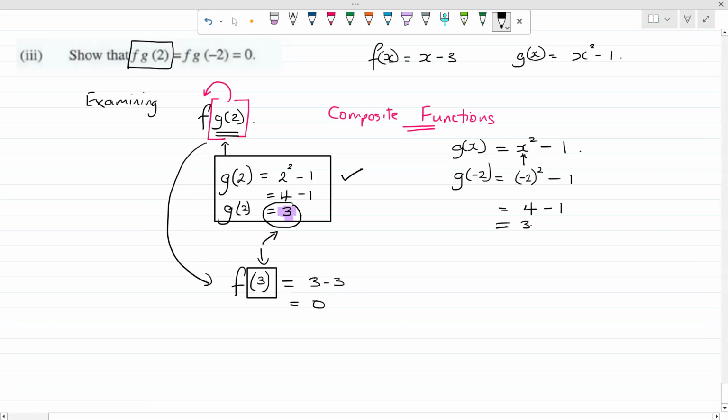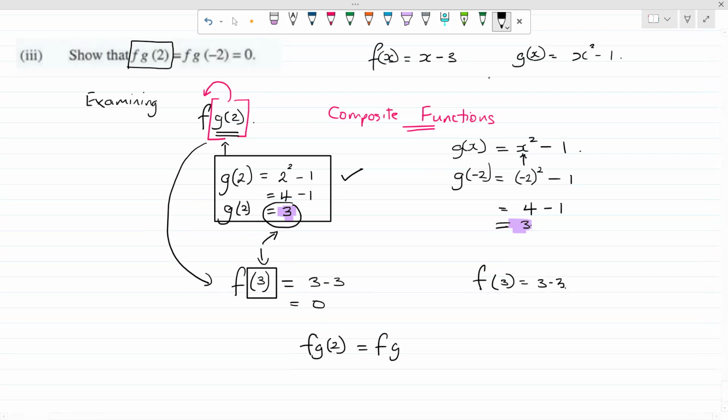So g of 2, just like g of negative 2, is also 3. And f of 3 is 0. This is why we could show that f of g of 2 is actually the same thing as f of g of negative 2, which is all equal to 0.